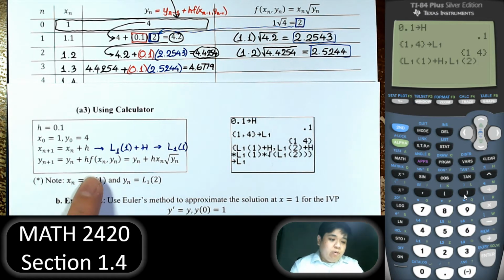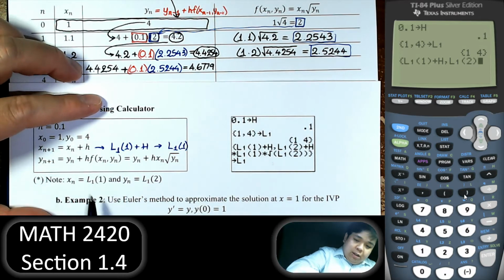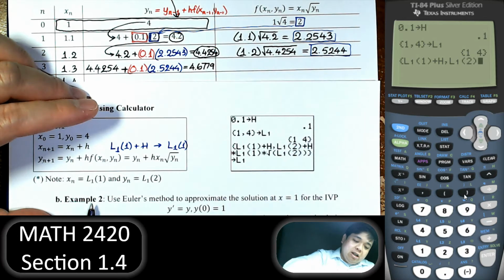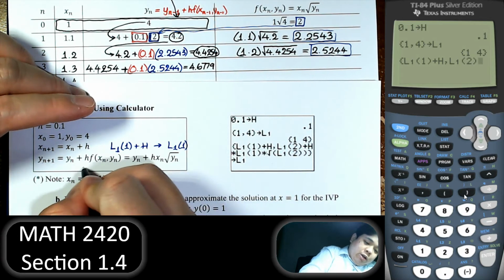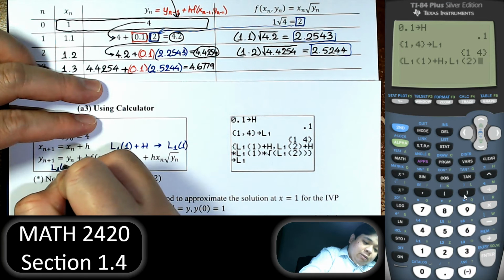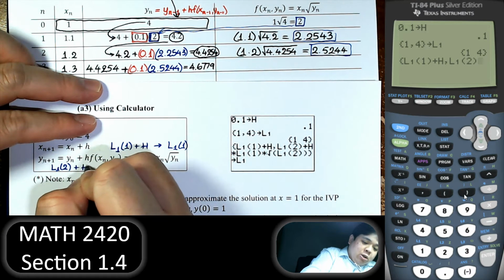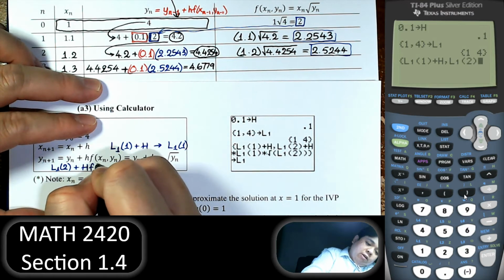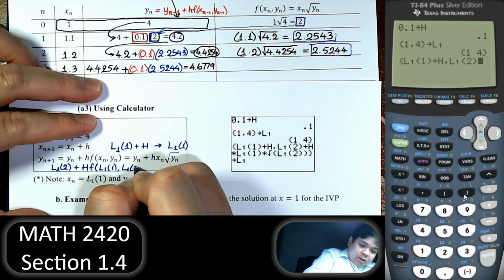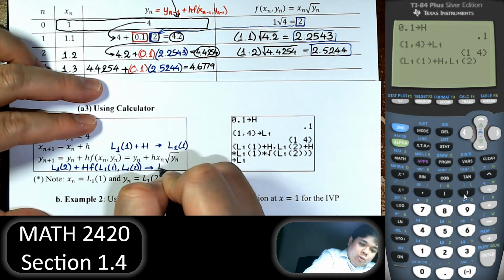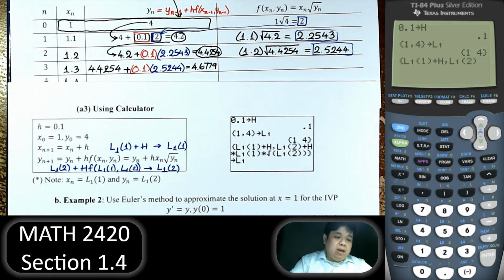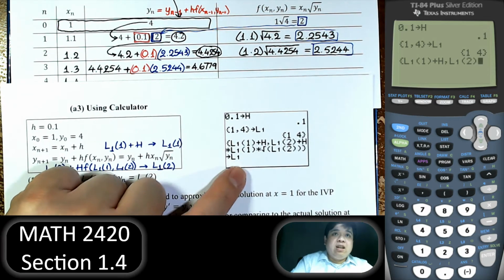So those are the old values. Don't write the arrow here, that's misleading, just write that. And then this is equivalent to updating the second component: second component plus h times the function of a1 of 1, a1 of 2, stored to a1 of 2. Right, we're not going to write it like that, we actually type exactly like this.